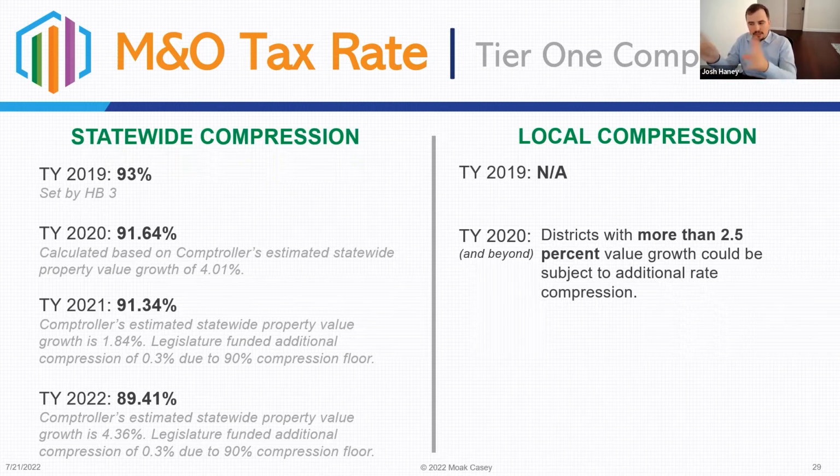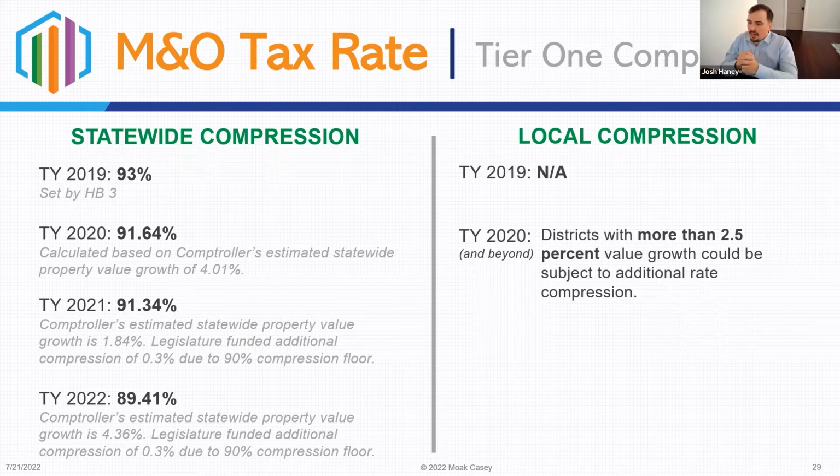Once you plug that estimate into the formulas in state law, that reduces the 93% down to 91.64. So in tax year 20, nobody had a tier 1 rate higher than 0.9164. That 91.64% gets applied to your dollar of pre-House Bill 3 tax rate.